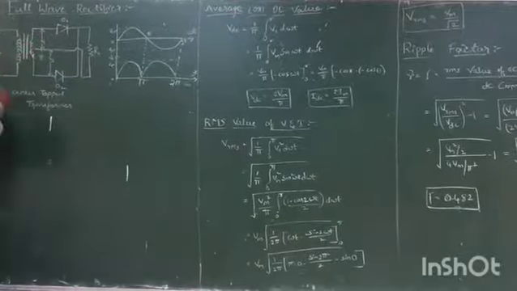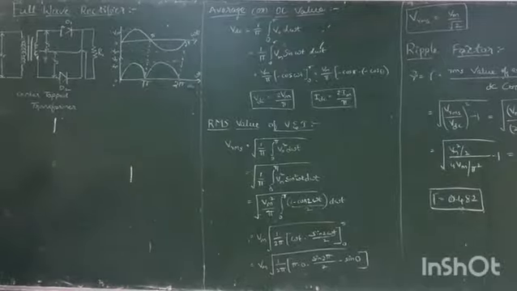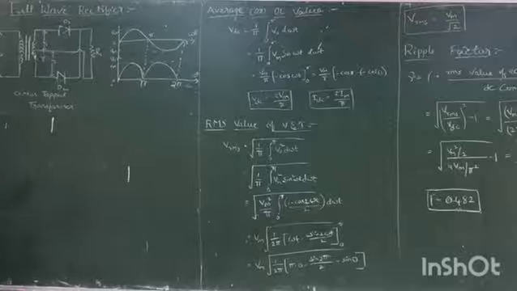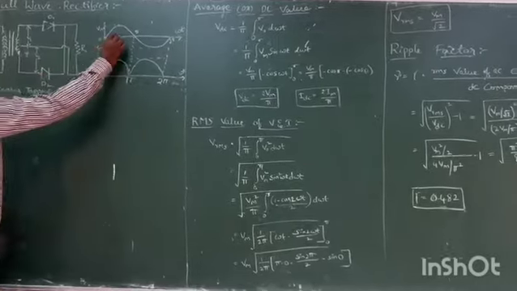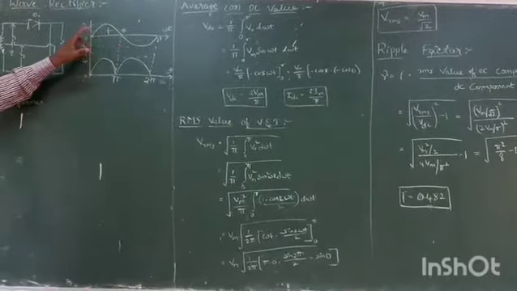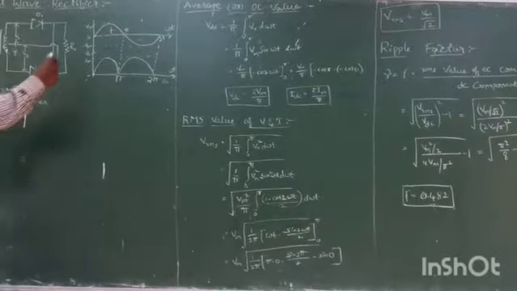Now, what is the main working operation in this? We'll see. In this also there are two conditions. As you know, this is the AC input signal, applied at the primary coil. So what will happen here?